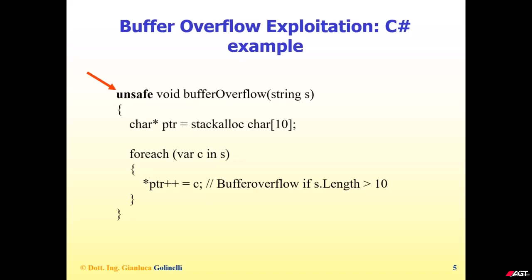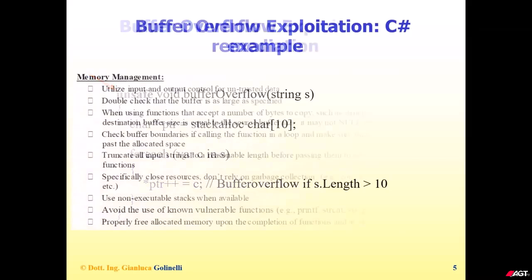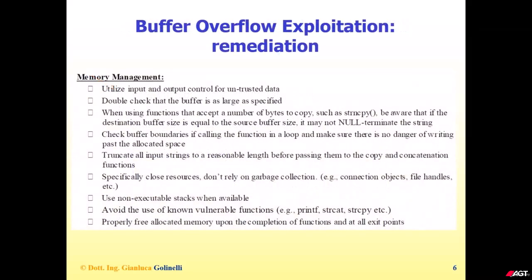In addition, Java, Android or .NET applications can still be vulnerable to buffer overflow through vulnerabilities directly in the JVM or the CLR or in unmanaged libraries they call. We see in this slide some recommendations to avoid introducing buffer overflow vulnerabilities, mainly for C or C++ applications.